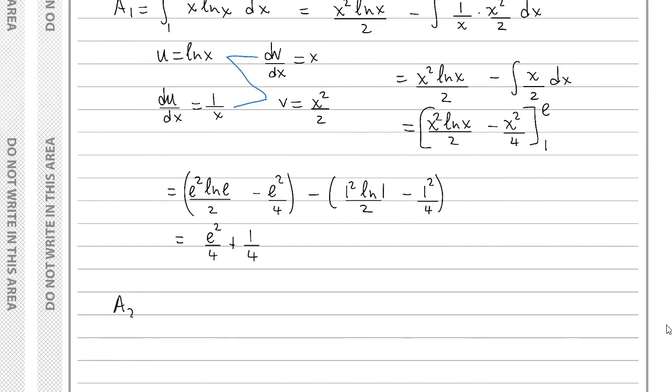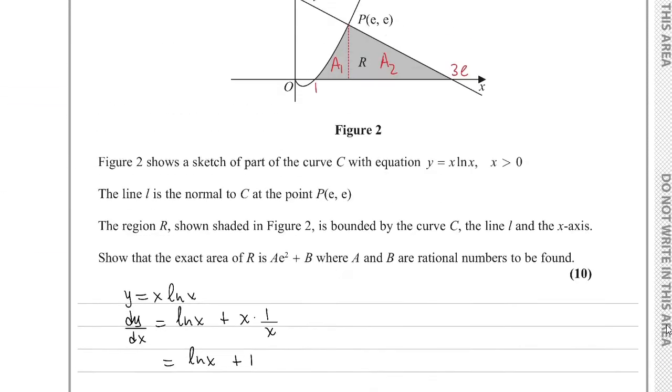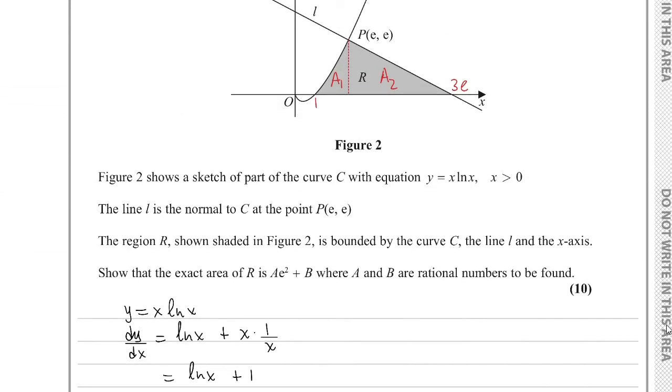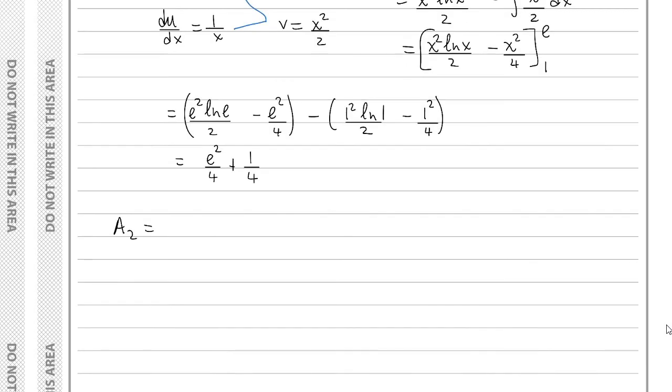The area of the triangle now has a base of 3e minus e, that's the base here, and a height of e. So I will be doing base 3e minus e times height over 2. This is 2e squared over 2, which is simply e squared.